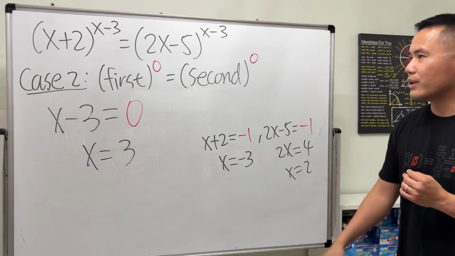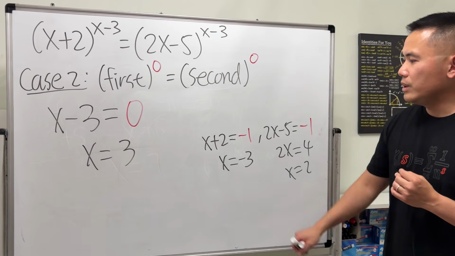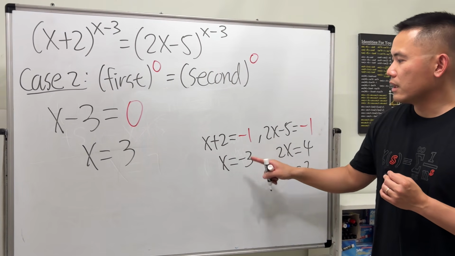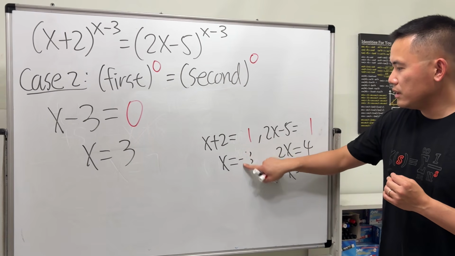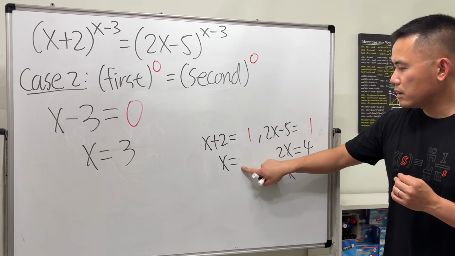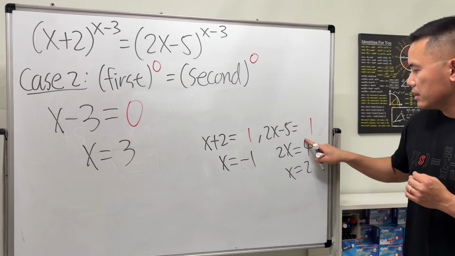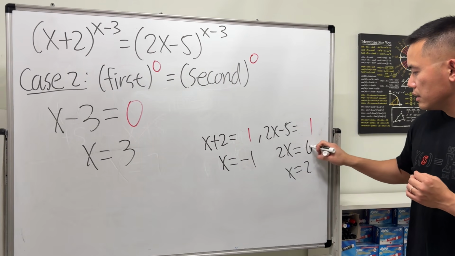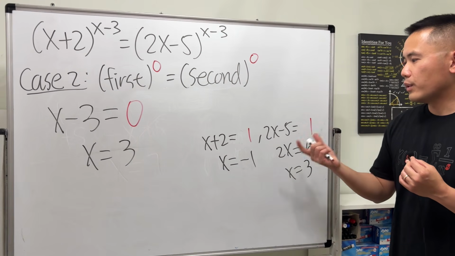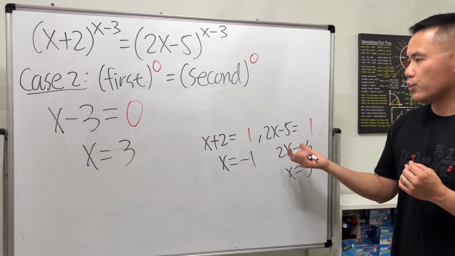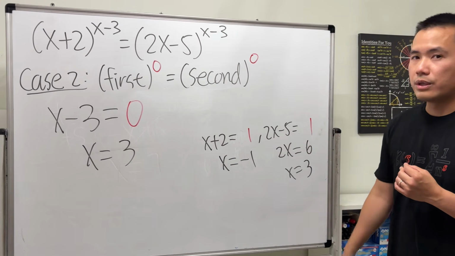So impossible, right? And can we make both bases equal to 1? If I want 1, that means x has to be -1 from here, and that means x has to be 3 from here, different x values. So I cannot have one x value that makes the base equal to 1 at the same time. So this is also impossible.